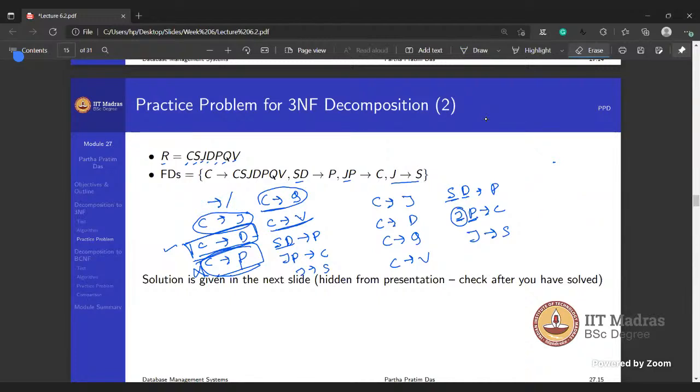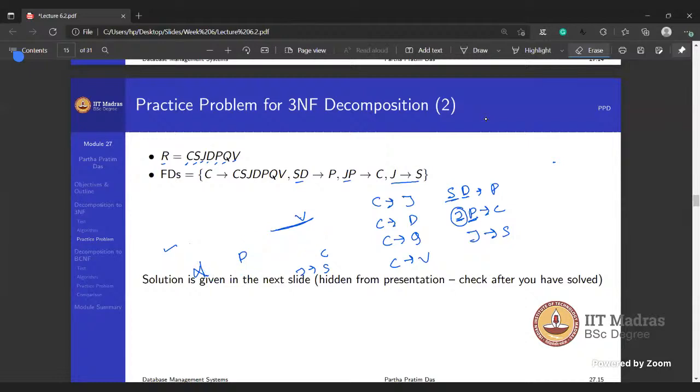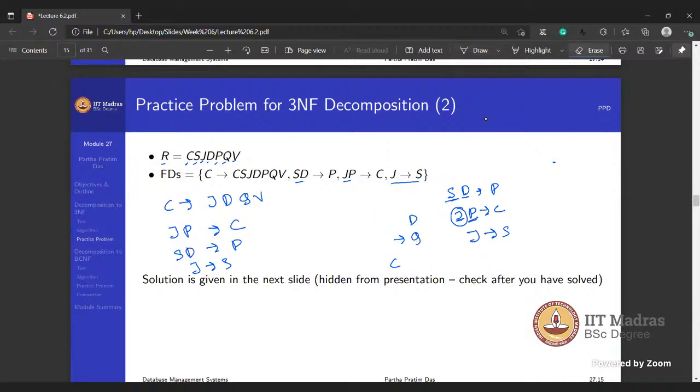So the final relation is C determine J, D, Q, V, then JP determine C, then SD determine P, then J determine S. This is the canonical cover.